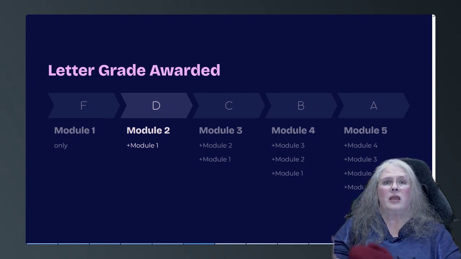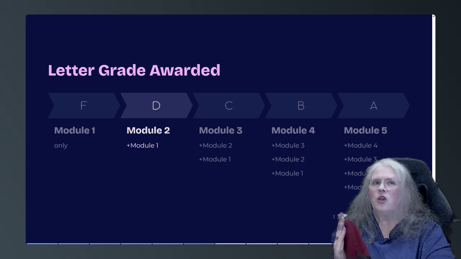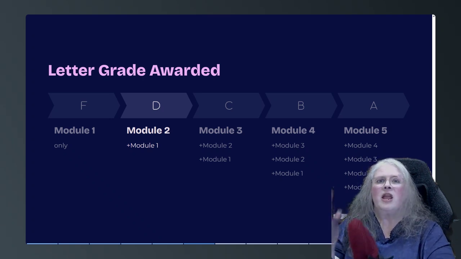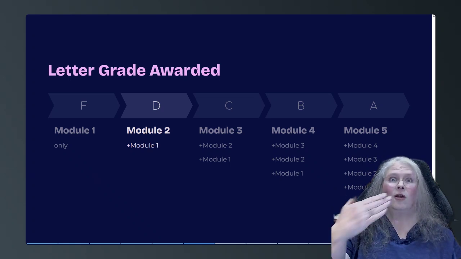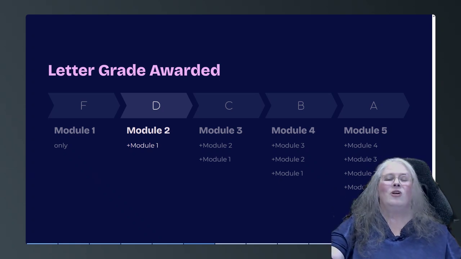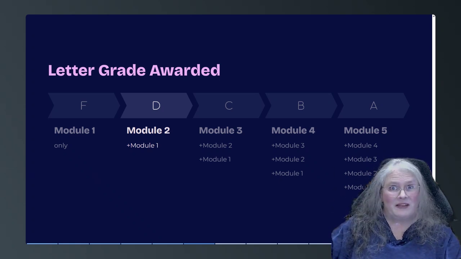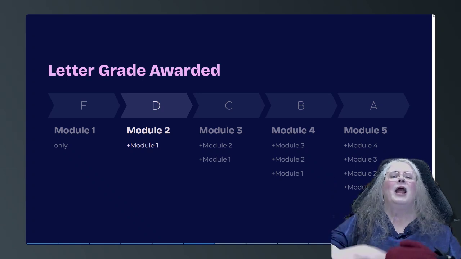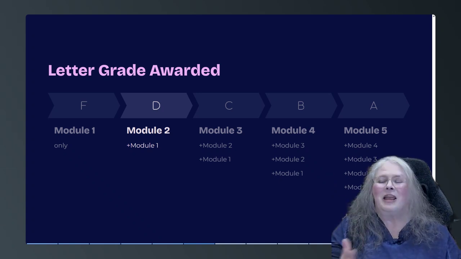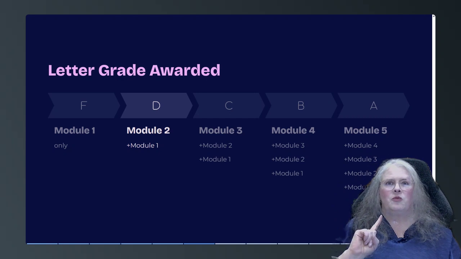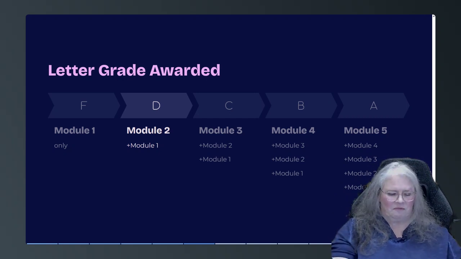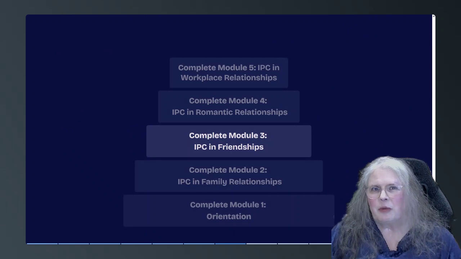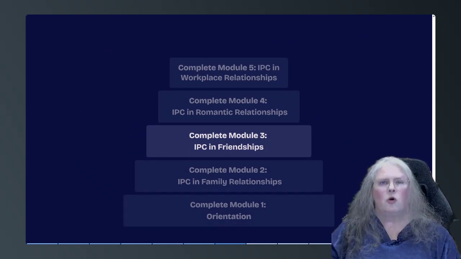Keep in mind, your grade won't go down, right? This is what you've got. You can proceed to the next module once you're able to turn them in. That will get you a higher grade, right? So if you do modules 1 and module 2 only, you're going to earn a D in the course. I assume not a lot of people have a D as a goal.